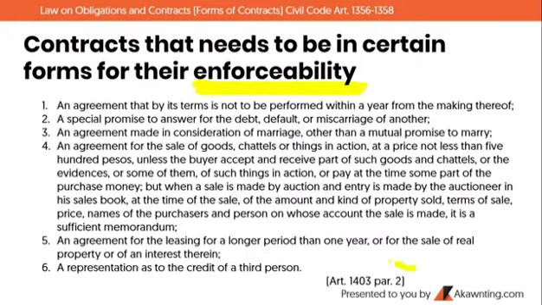So, actually, itong mga contract na ito ay makikita sa Article 1403, Paragraph 2. So, bali meron tayong 6 dito. Okay? Itong mga to, kapag hindi sila in writing, okay, inulit ko, itong 1, 2, 3, 4, 5, 6 na ito, kapag hindi sila in writing, hindi sila enforceable. Magiging unenforceable contract sila. Okay?